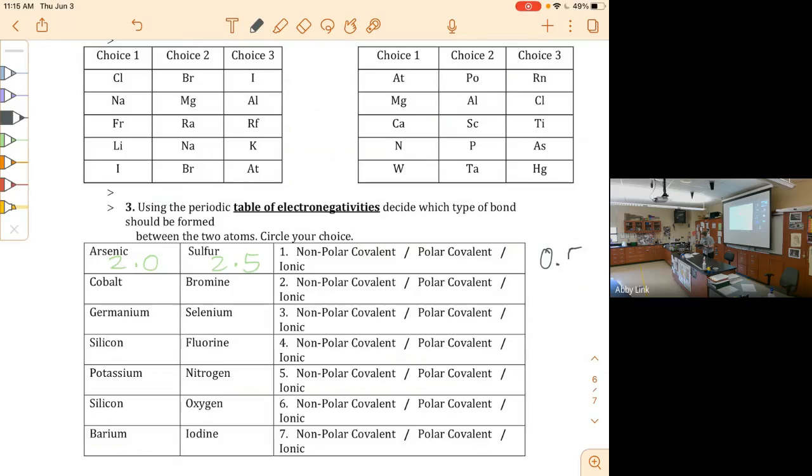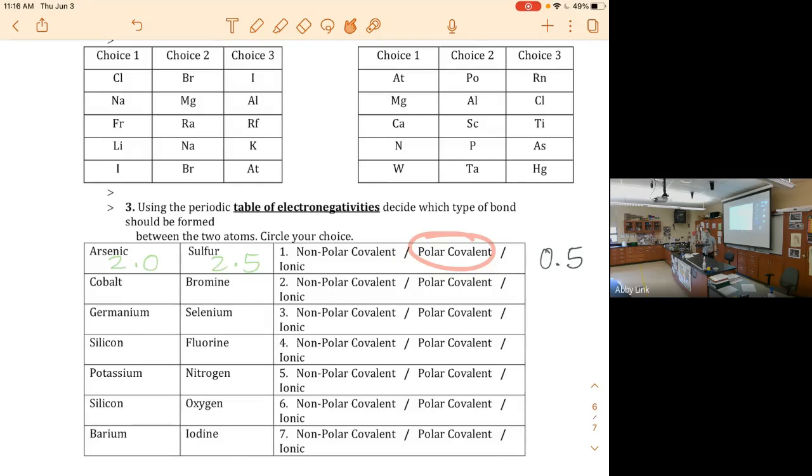I like to write the difference over here. And then I would circle that it has to be polar covalent. So you're really just practicing doing the differences between the electronegativities and then determining which type of bond it is. Any questions on that?